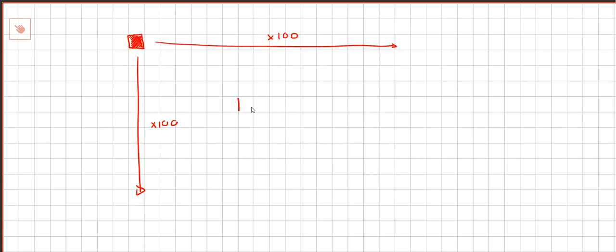So in 1 square metre, I would have 100 square centimetres times 100. Yeah? So 100 in this row going along, and then I would have 100 rows to make the square. So therefore I would have 10,000 square centimetres.